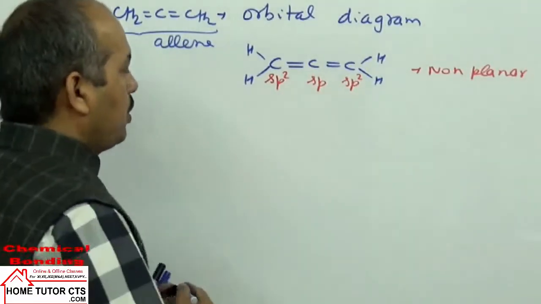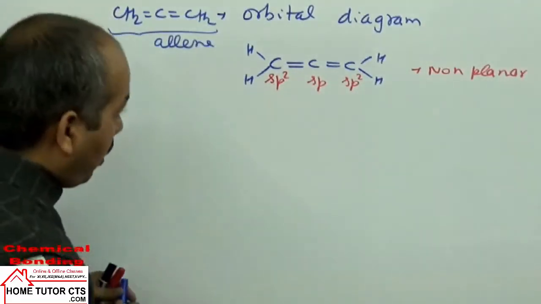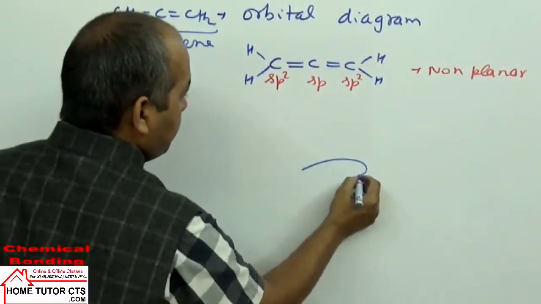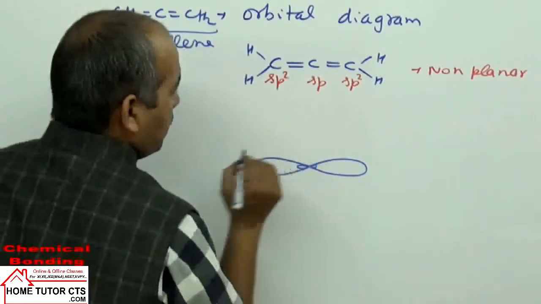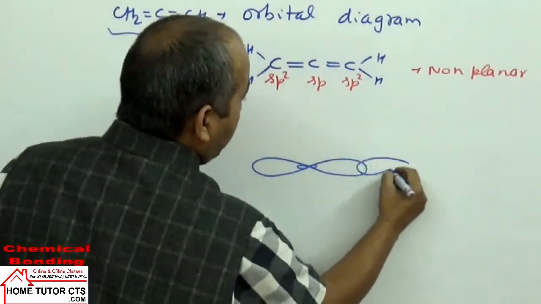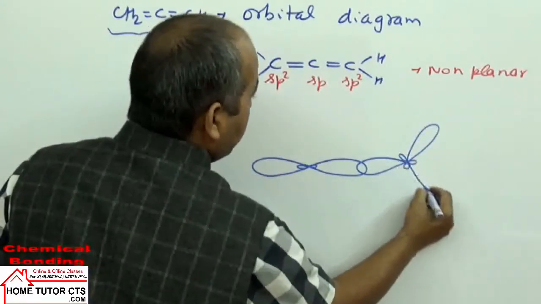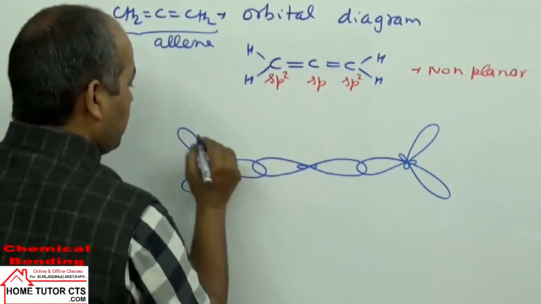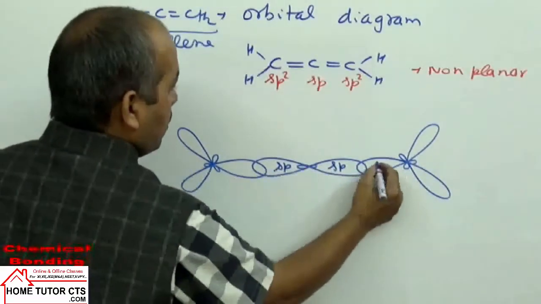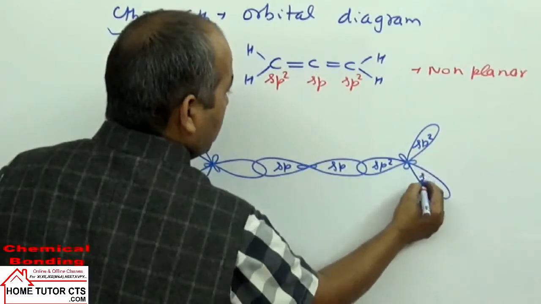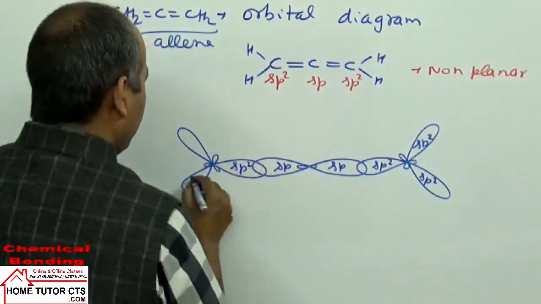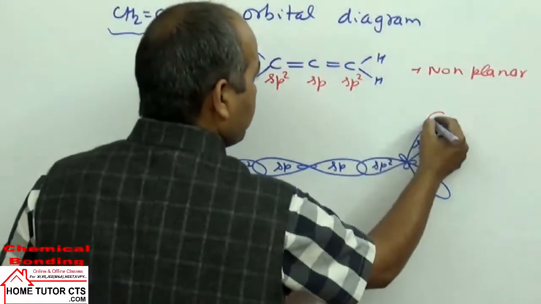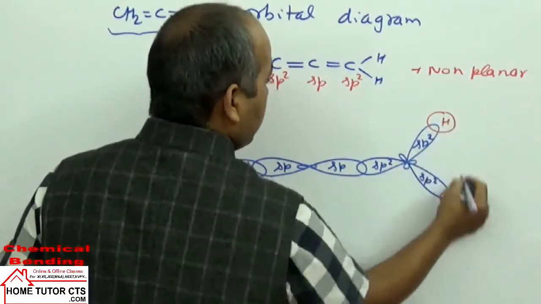Here all the atoms are not lying in the same plane, so the molecule becomes non-planar. How it happens, I will show you by drawing the orbital diagram. The middle carbon is sp hybridized, the terminal carbons are sp2 hybridized, with their hydrogen atoms forming sigma bonds.